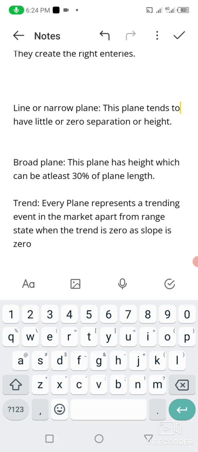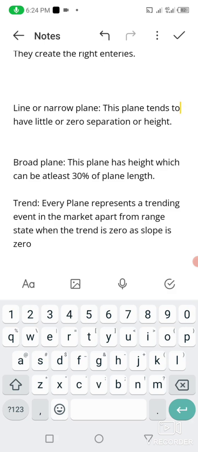Then the broad plane. This plane has a height which can be at least 30% of the plane length. So from the origination of the plane, or the source of the plane, to where it is going to intersect with another plane, the height of the plane is constant and is about 30% of the plane length.